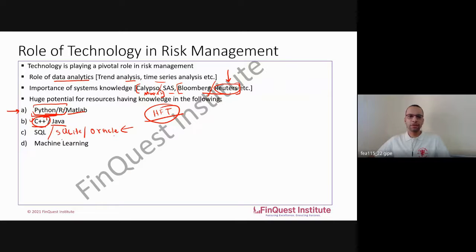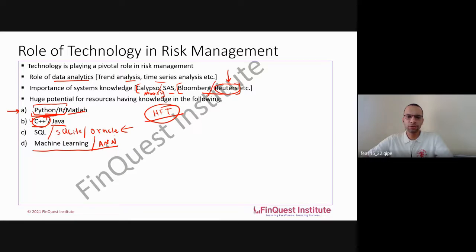So this was about SQL. Then there is machine learning and all of this advanced analytics, something like artificial neural networks, etc. So now these things are also gaining traction. And since you guys have a course on that, I'm sure this will be covered as a part of your course. So Python has very good quality libraries which will support things on machine learning, neural networks, etc. And gradually they are being used in risk management increasingly.